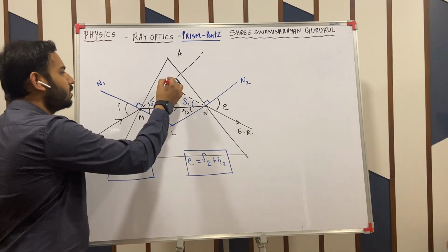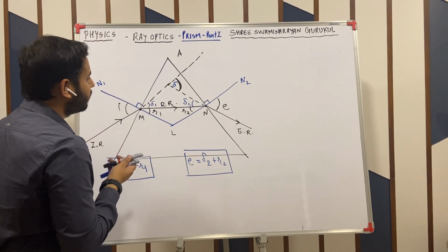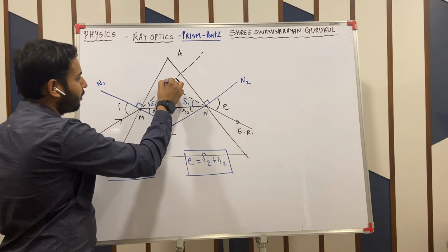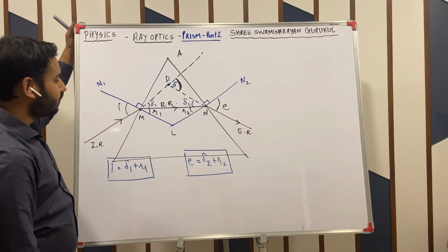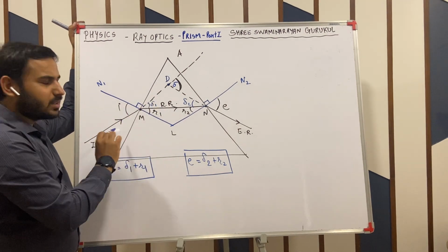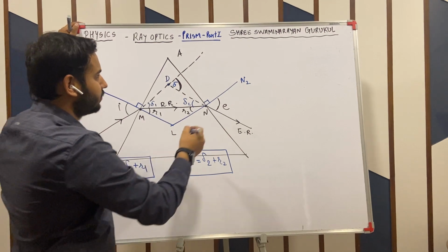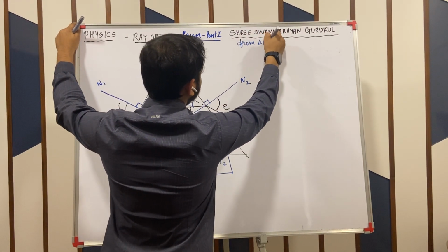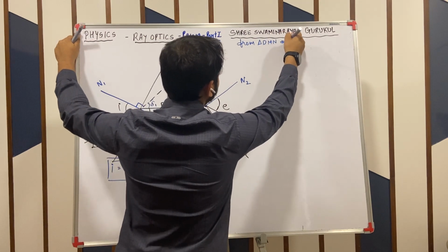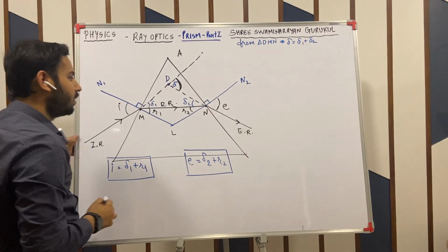Now, say this point is D, where the angle of deviation occurs. Now focus on triangle DMN. From triangle DMN, I can say delta is delta 1 plus delta 2.